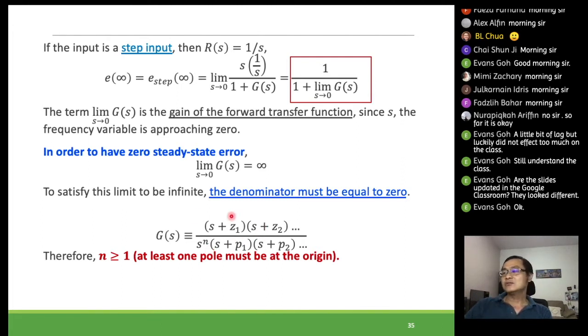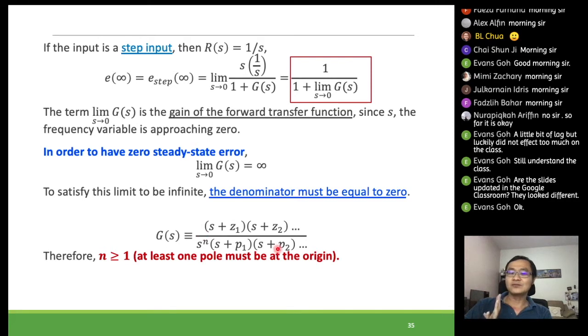So we may generally have this form of transfer function. In order for us to have zero steady state error, we need at least one pole to be at the origin. So this pole will be at the origin at 0, whereas the others are poles at other finite positions.